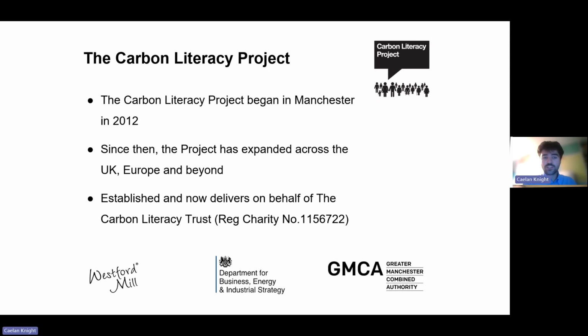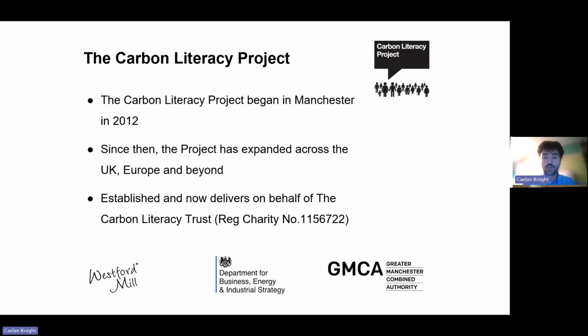The Carbon Literacy Project itself began in Manchester in 2012 when a group of around 30 people came together to decide what they could do to act decisively on climate change. The project founders and directors, Dave Coleman and Phil Corbell, decided they wanted to emphasize working with and empowering people to have the agency to change themselves.